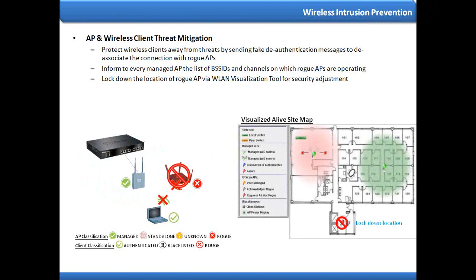It also allows the end user to see specifically where that access point may be located on a sitemap, and this sitemap is built right into the controller itself. Based on its location, you're able to pin an access point and locate where that user may have plugged it in, or determine where that user is.